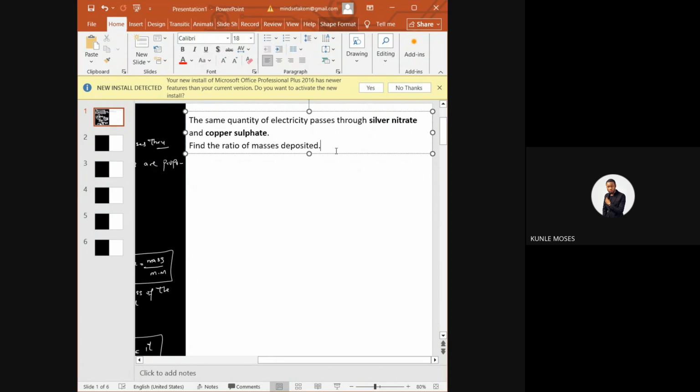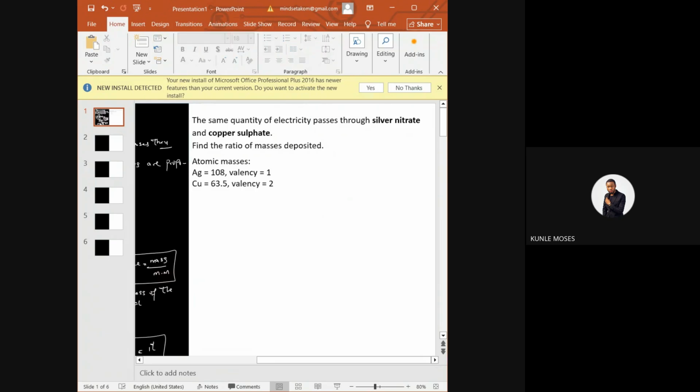They gave us the atomic mass for silver to be 108, the valency to be 1, and copper to be 63.5, the valency to be 2.